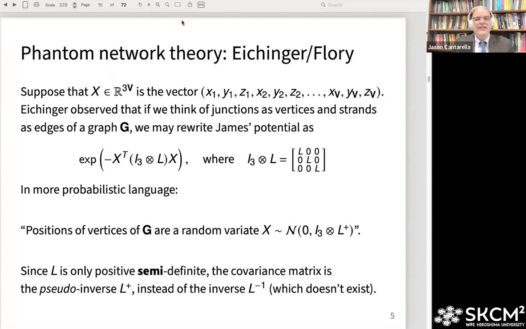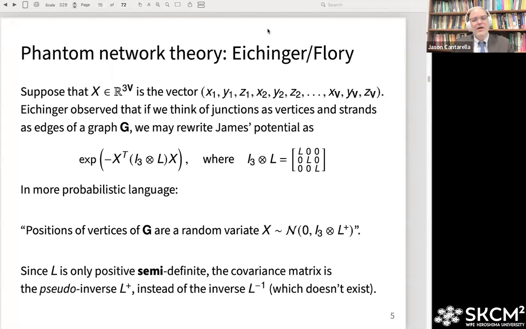And then we'll rewrite James's potential as a quadratic form given by the Laplacian applied to this 3 times as long vector. So that works out to just making a block matrix where each of the blocks is the graph Laplacian.